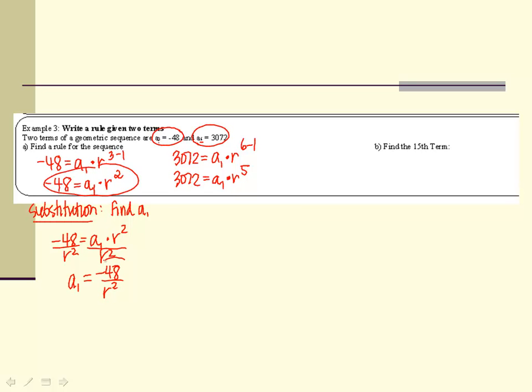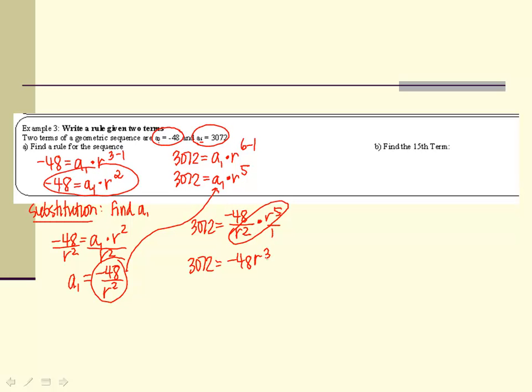Once I found a sub 1, I'm going to substitute it into my other equation. So 3,072 equals negative 48 over r squared times r to the fifth. I'm going to write r to the fifth over 1 because I'm hoping you'll see I can use my exponent rules here. One's on top and one's on bottom, so I subtract the exponents. So 3,072 equals negative 48 times r to the power 5 minus 2, which is 3, and since the 3 is positive, it stays on top.